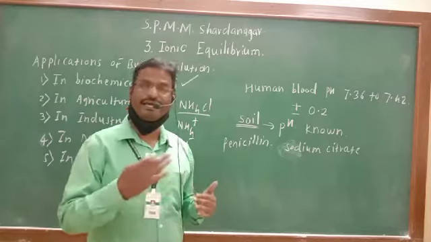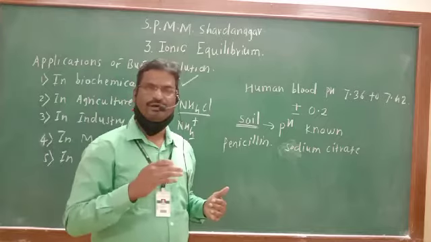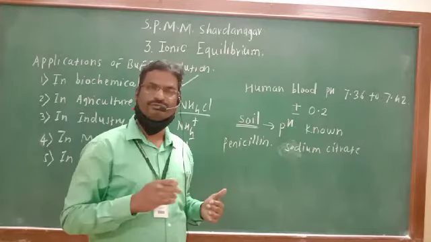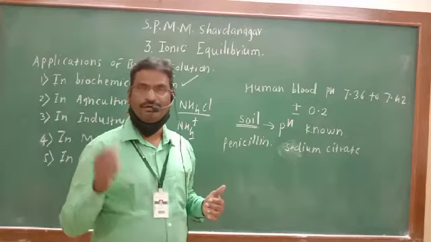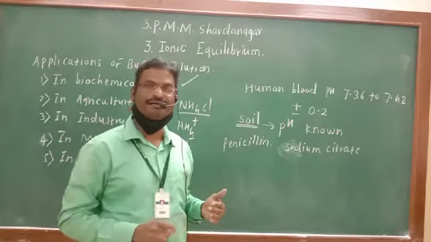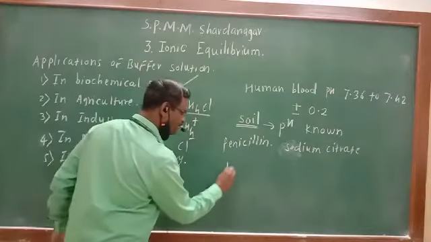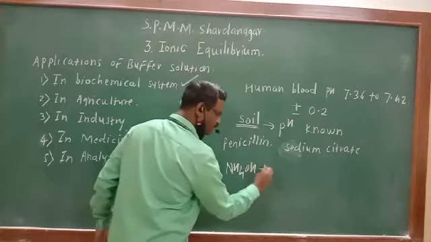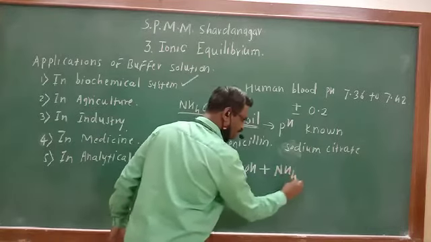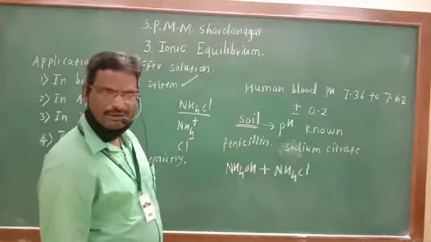And in third A onwards, third A, third B, fourth, fifth, basic medium is used. For maintaining the basic medium, buffer solution is used, and that buffer solution is a basic buffer solution, NH4OH plus NH4Cl.